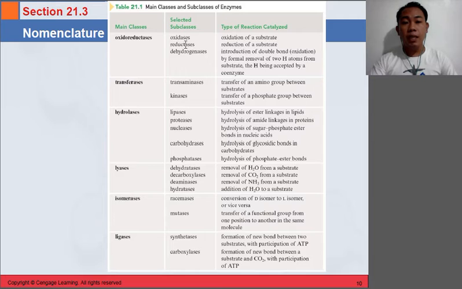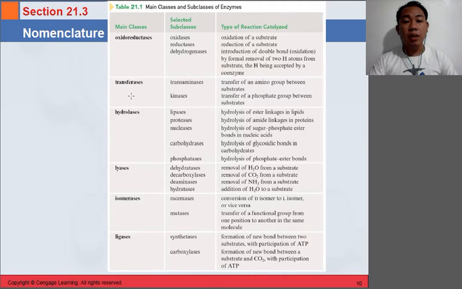We have the reductases, reduction of a substrate, and we have the dehydrogenases. It is actually the introduction of double bond or oxidation by formal removal of two hydrogen atoms from the substrate, and the hydrogen is being accepted by a coenzyme.